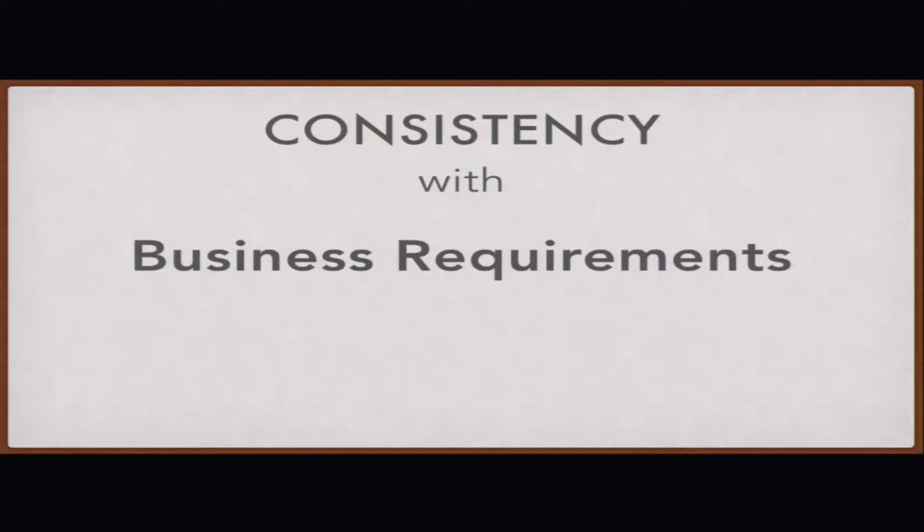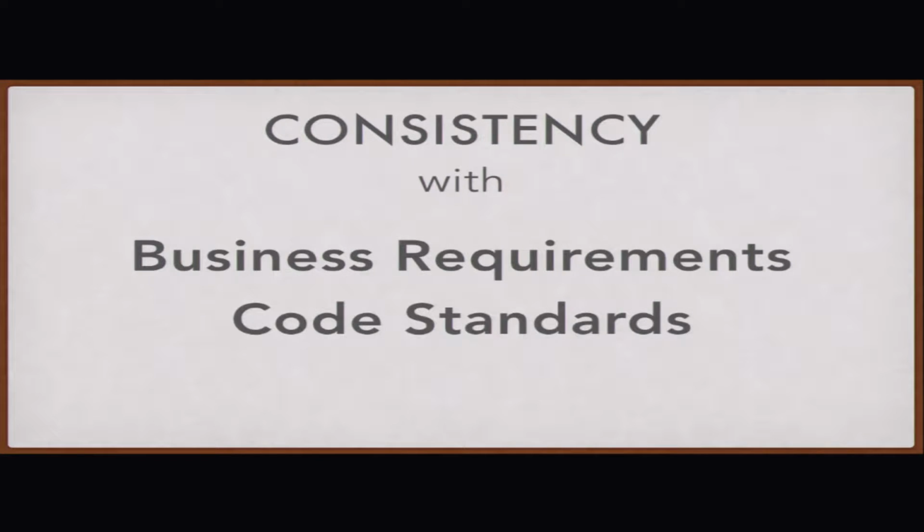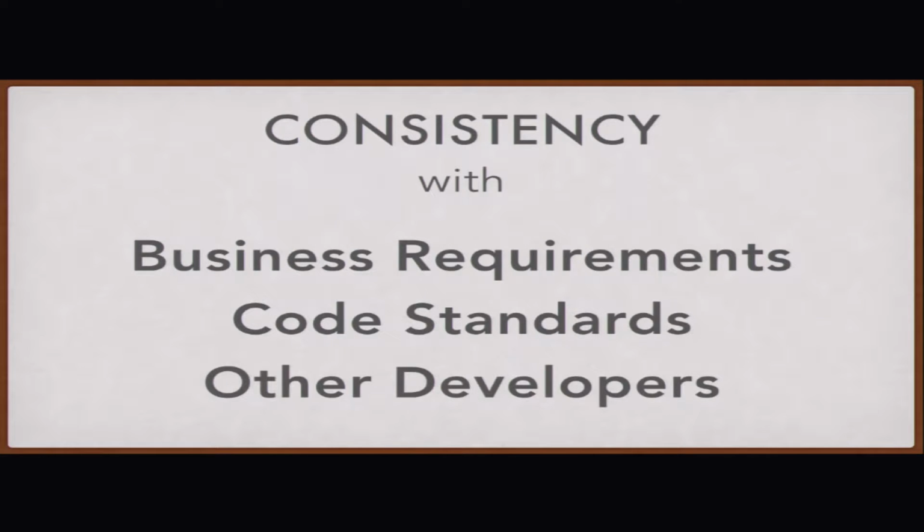So you do have clear and complete business requirements, don't you? Sure, heads nodding. CI also helps us adhere to uniform code standards, which will help eliminate merge conflicts with your developer peers, as well as making code reviews easier and smoother, keeping everyone on the same page.